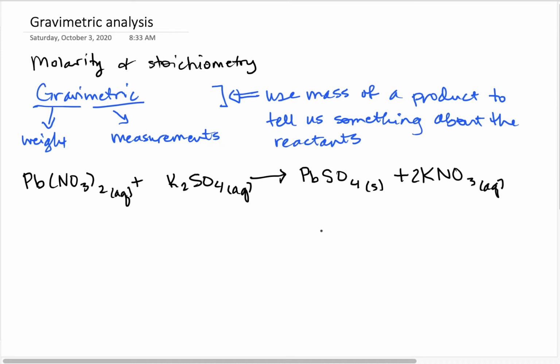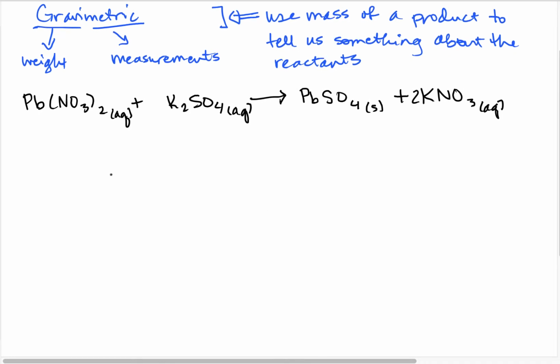Another good practice for you right now would be to pause the video and write out the total ionic and the net ionic equations for this particular precipitation reaction. I'm not going to do that right now, but if you want to check your work, you can talk to me about it outside of class.